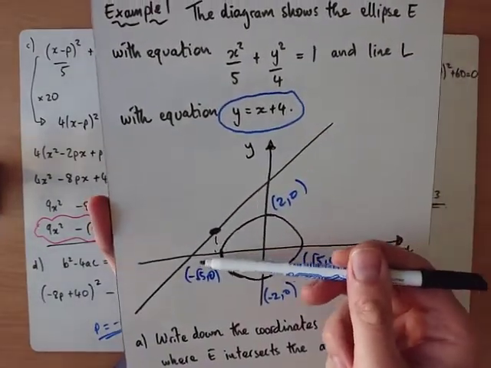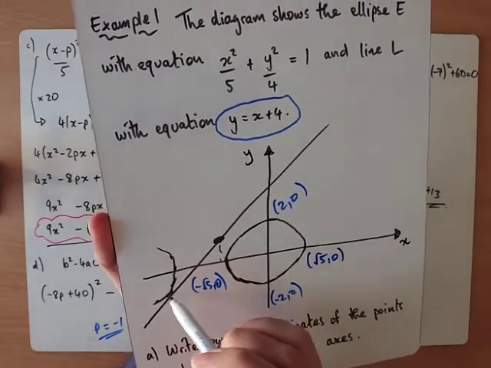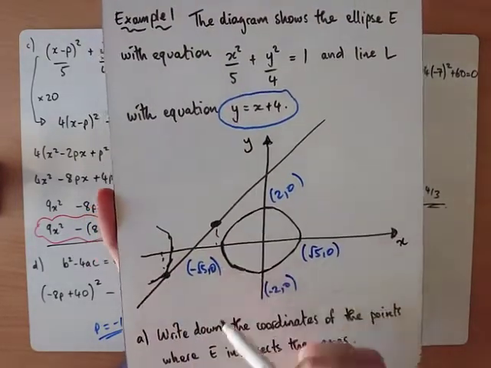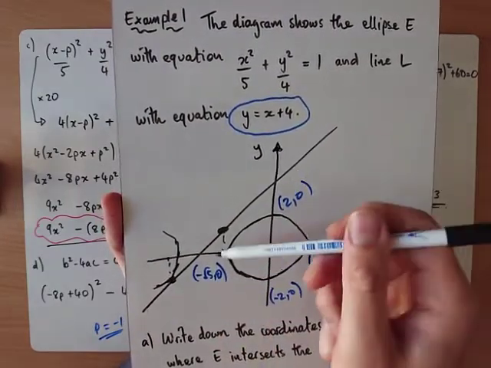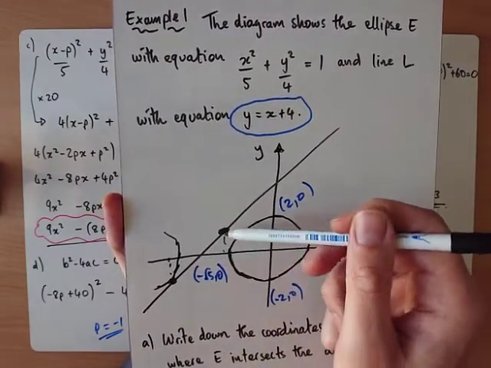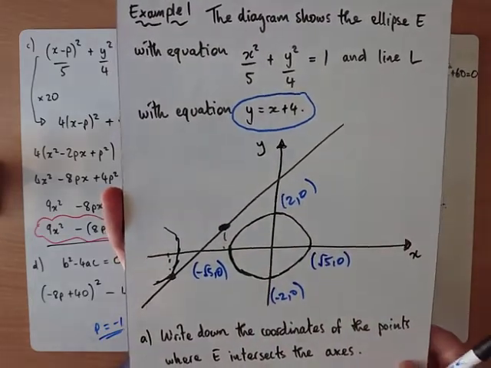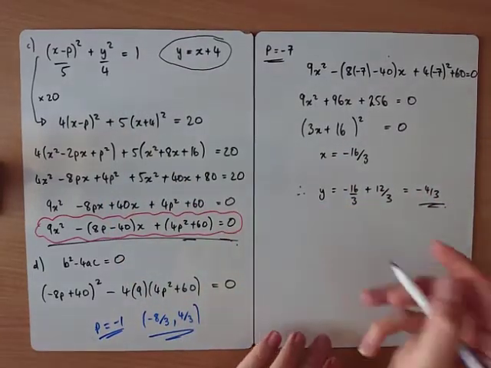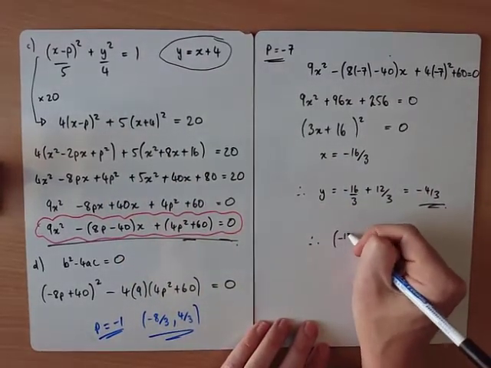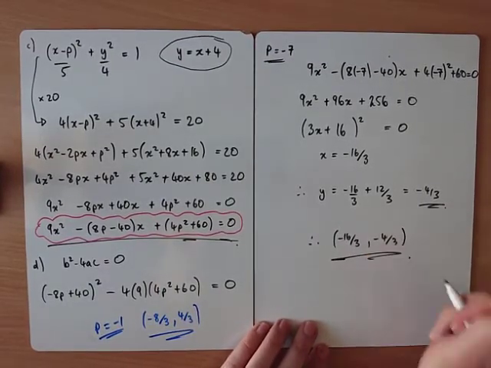So you can see that when you move it further and it touches here, it's hard for me to draw it, but when it touches there, you'd argue that clearly, due to the symmetry of the ellipse and the line, you could see that if that one's 4 over 3, that one would be minus 4 over 3, wouldn't it? So you might be able to just infer that without doing the calculation. But the answer would be the other point would be there.